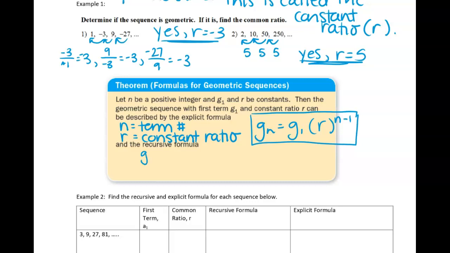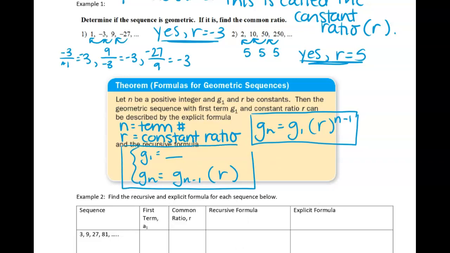Recursively, we always have to include the first term. G1 equals something, depending on the sequence. And then G sub n equals the previous term, G sub n minus 1, times R. So that's the recursive formula. These look very similar to the arithmetic sequence formulas, but now we are multiplying instead of adding.